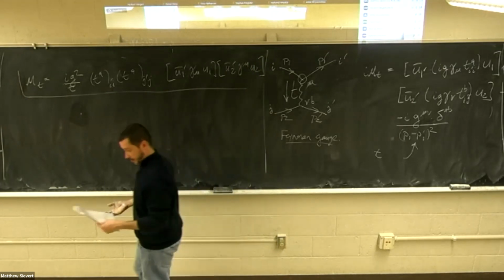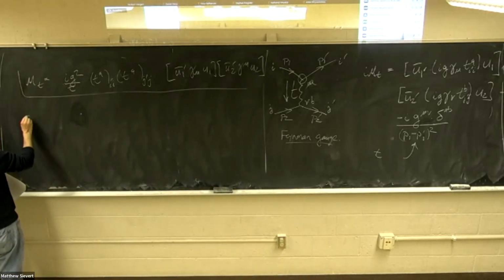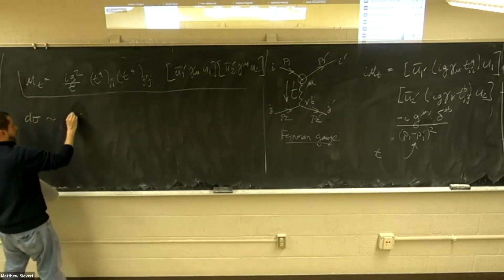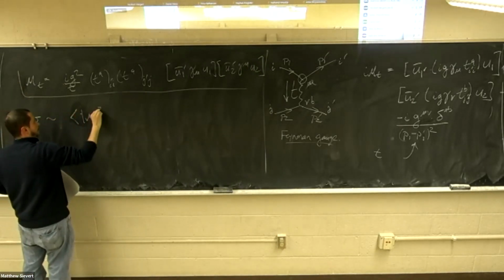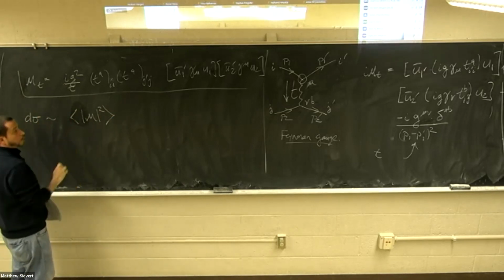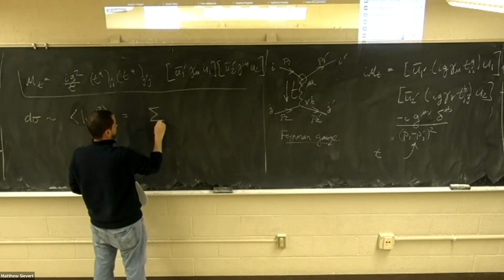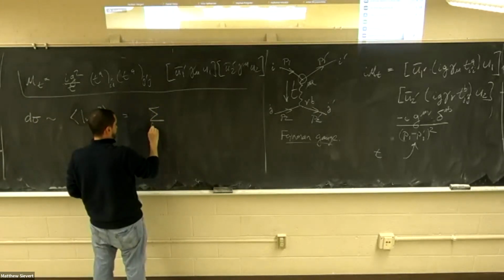Not yet, okay. So when I square the amplitude, I'm going to calculate the cross-section. The cross-section comes from the amplitude squared, which is summed and then averaged over all quantum numbers. So that means for us, I have to sum over all final state spins.